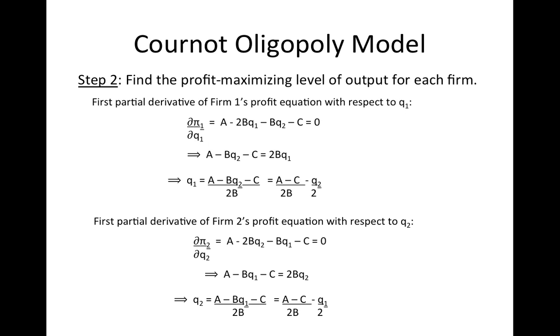In order for these combined output levels to be in equilibrium, neither firm must have an incentive to change what they are doing, which means that in equilibrium, both firms must be maximizing profits. Therefore, the equilibrium output levels must solve both of these equations simultaneously.